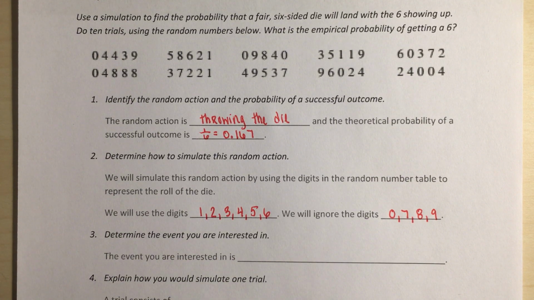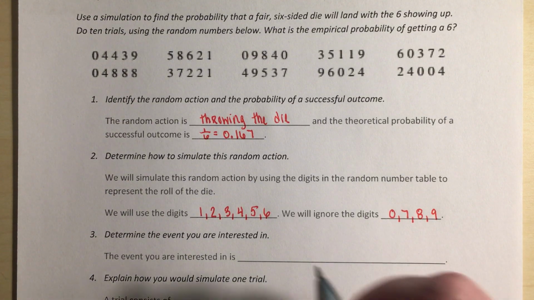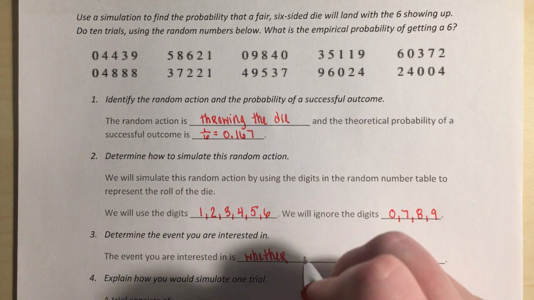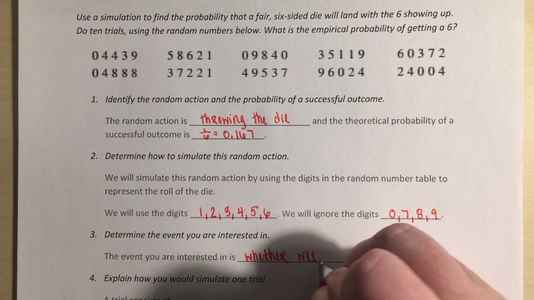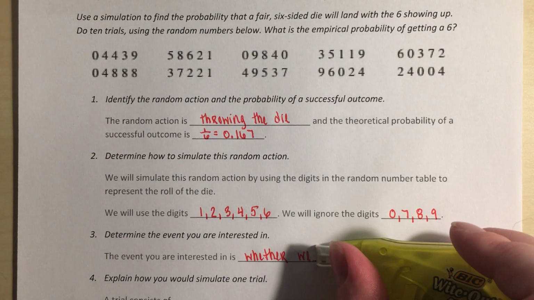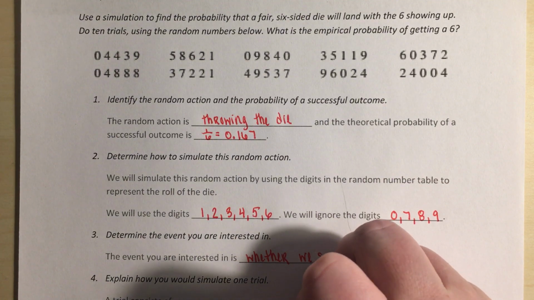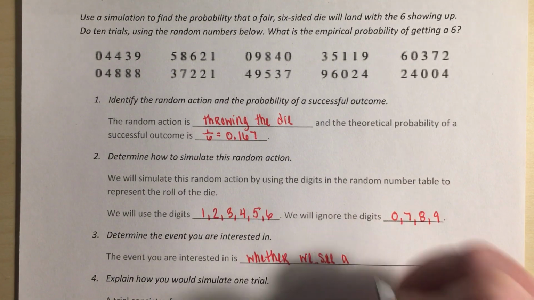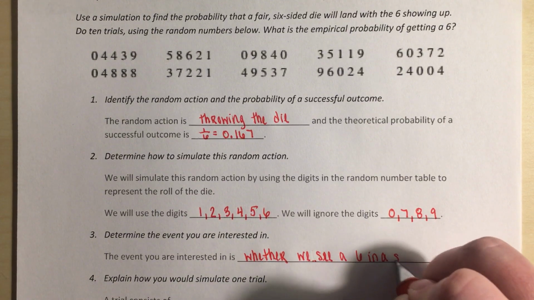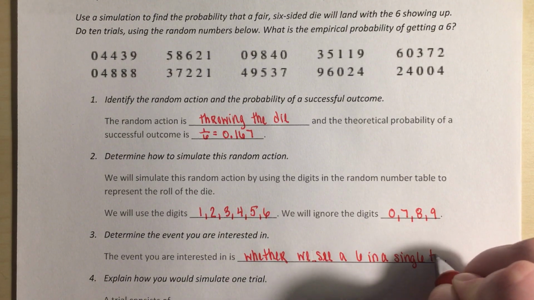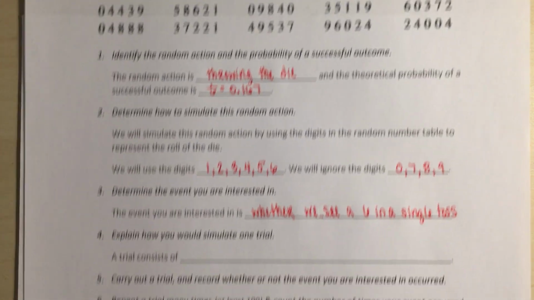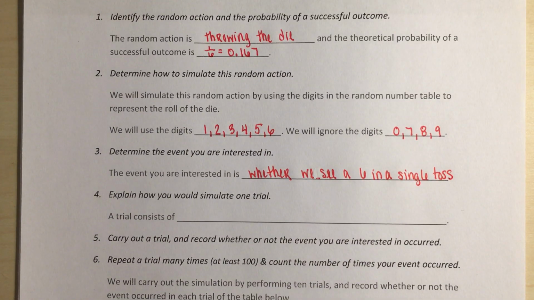Determine the event you are interested in. What we are interested in is whether we see a 6 in a single toss. That's what we are interested in. Explain how we would simulate one trial.